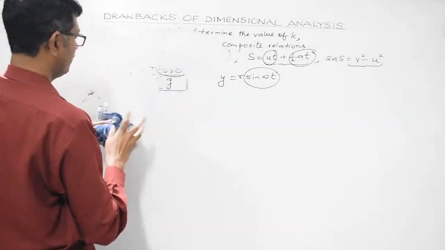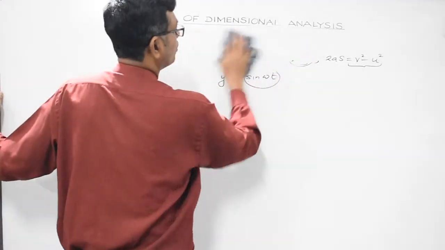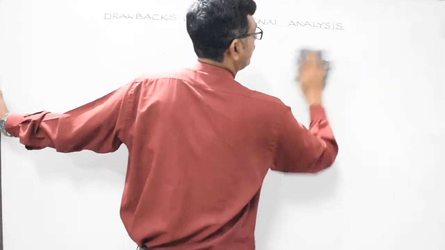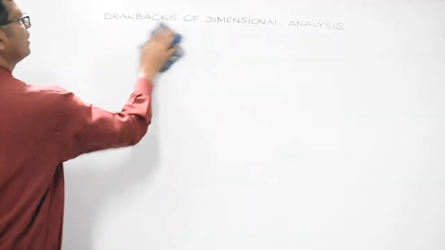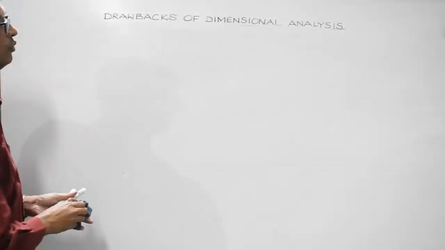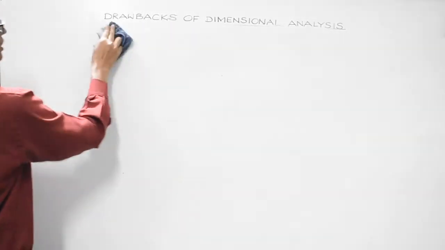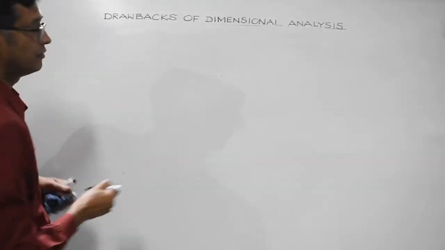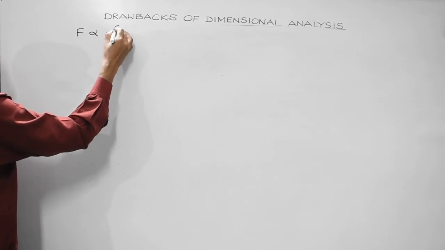Let us consider a physical phenomenon where a physical quantity is dependent on more than 3 physical quantities. So let us consider the force acting on a body to be dependent on its mass. How it depends, I don't know.